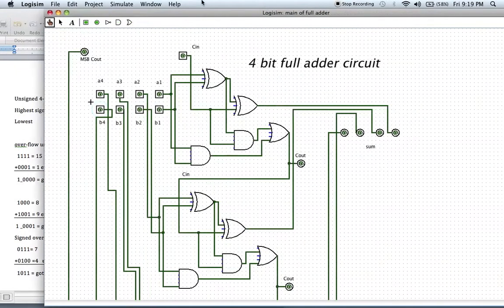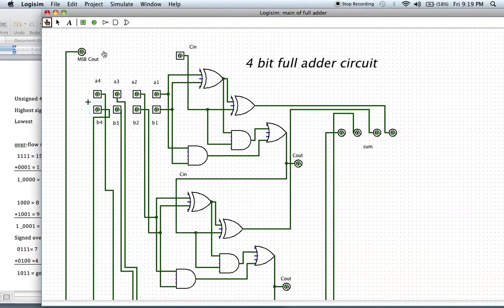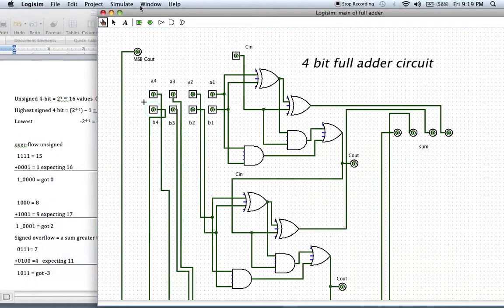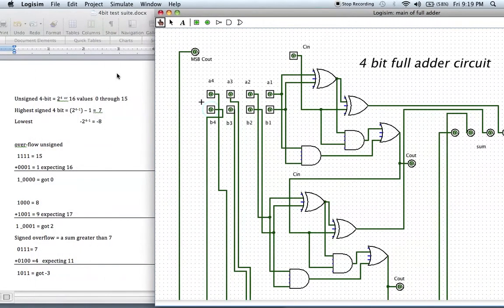Really didn't like it. So I've decided to break that connection right here, and instead I've brought a little output up so I can see what would be leading in, and I factor that into my test information over here.